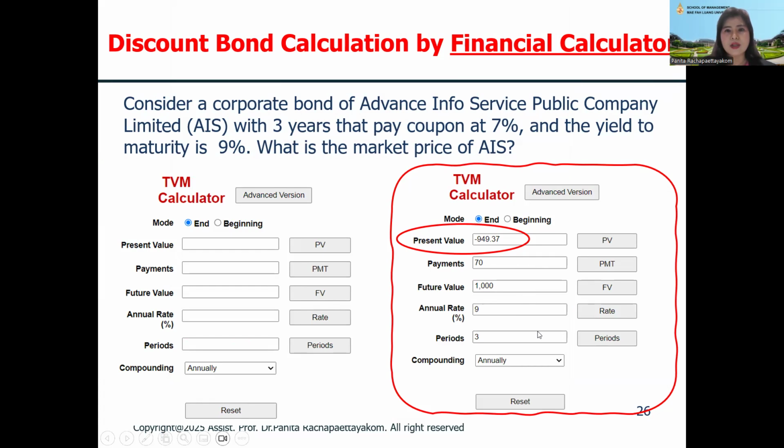The period is 3 years. Then you click PV, and the financial calculator will give you the bond price, that is minus 949 baht.